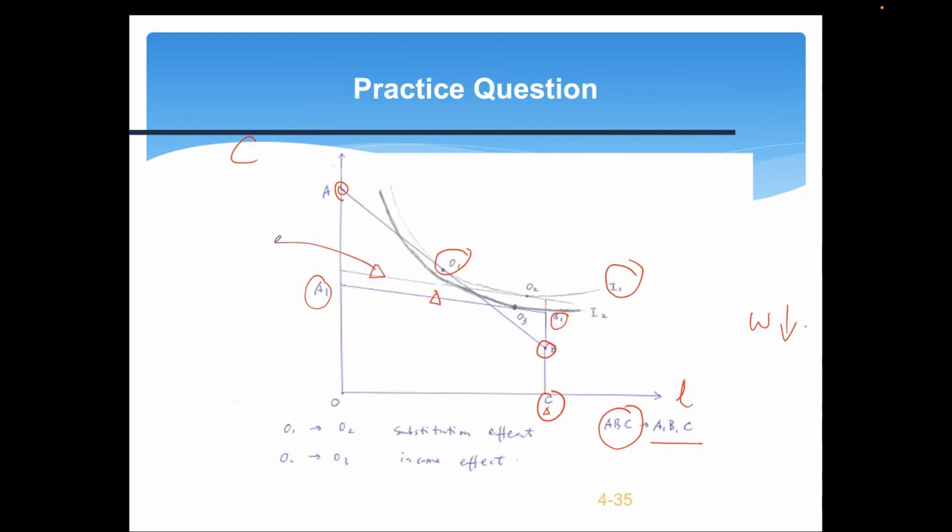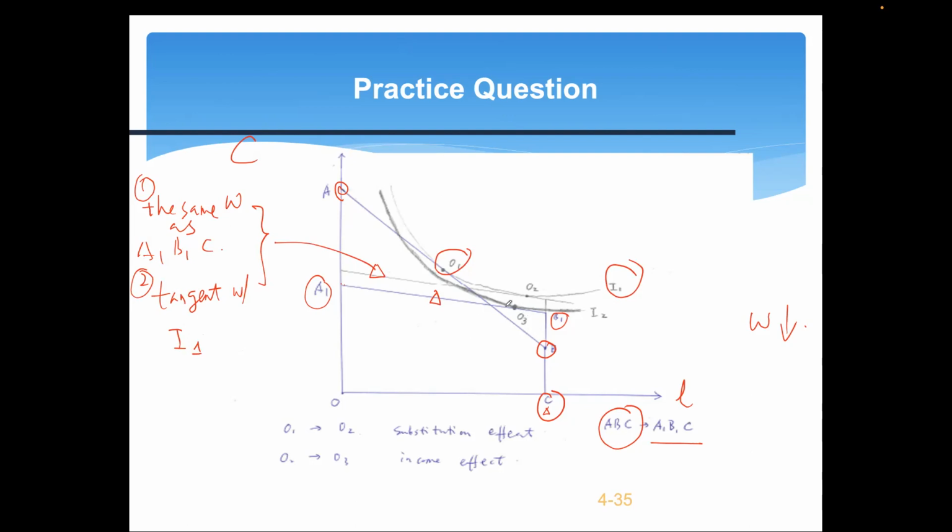What is particular about the third line? There are two things. Number one, it has the same wage as the new budget constraint. Two, it is tangent with I1. That just keeps the original income.